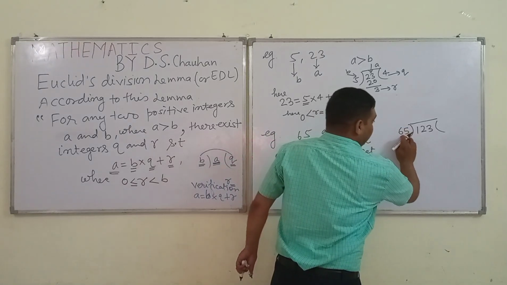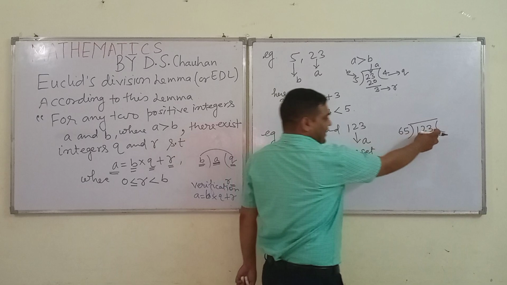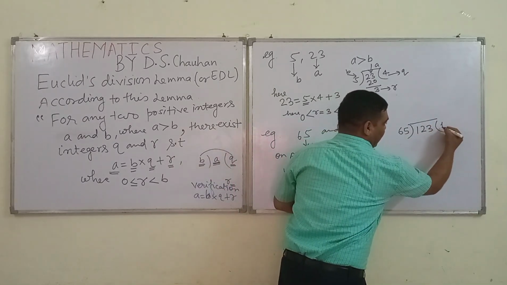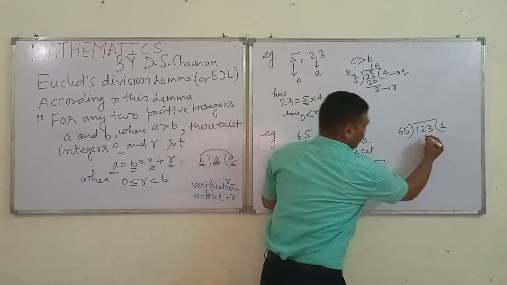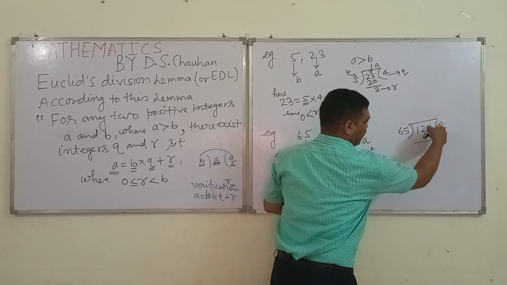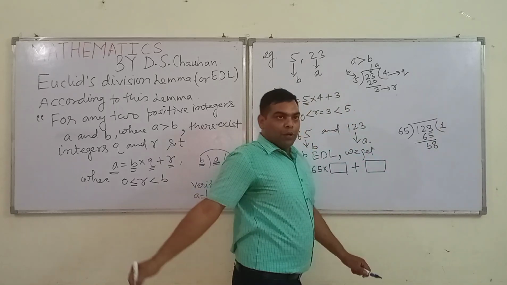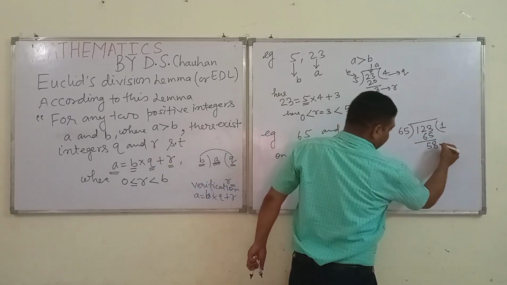You know, students, in general 65 times 2 is 130, which is greater than 123, so the division will run 1 time, so you will get here 65. Now what you will get here is 8 and here you will get 5.